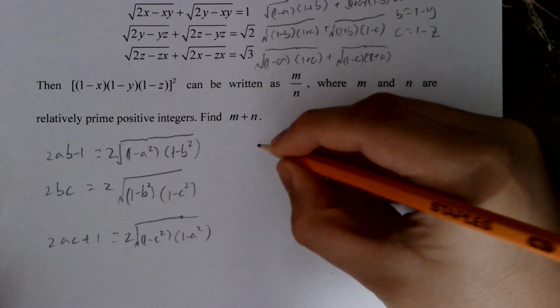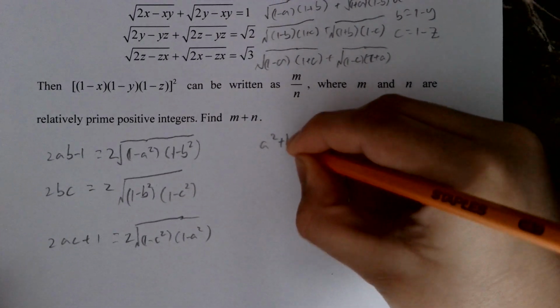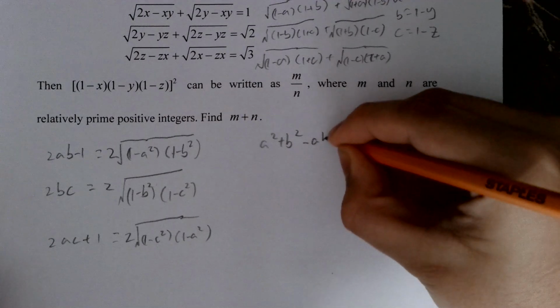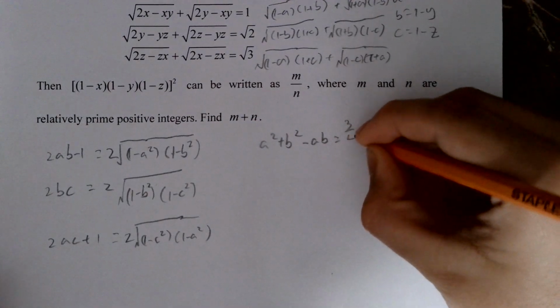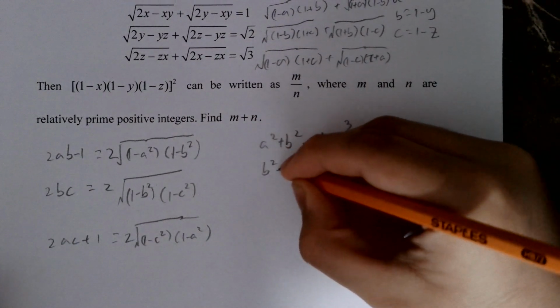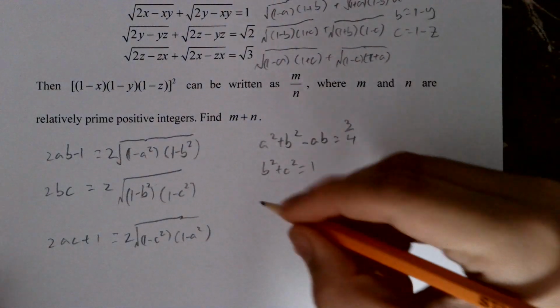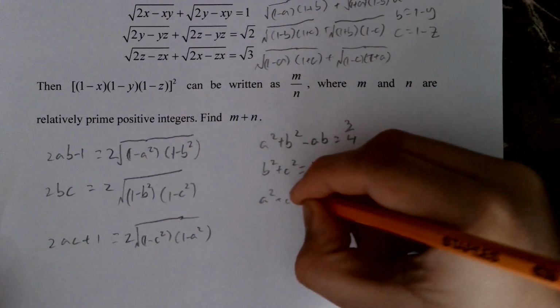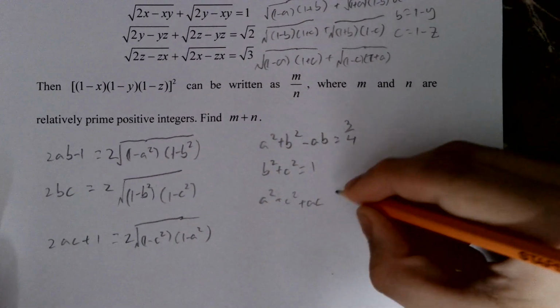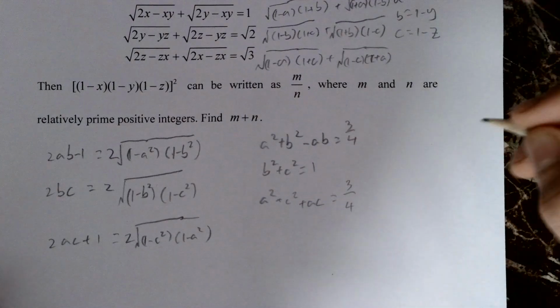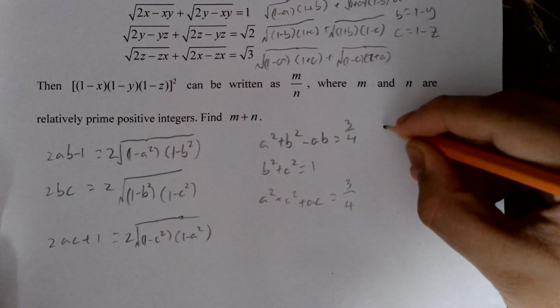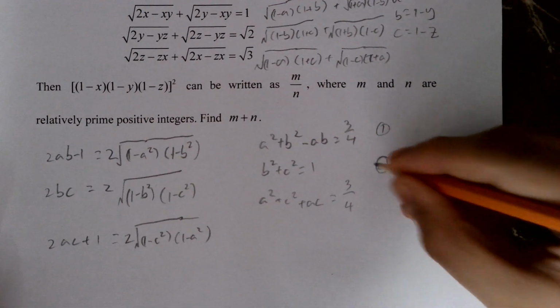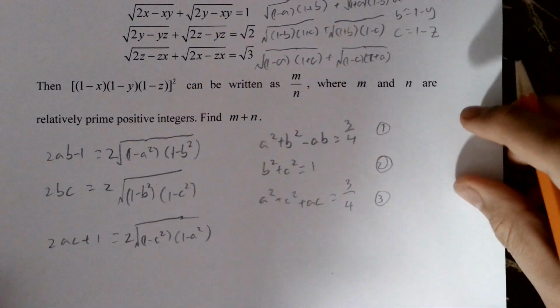So finally we get a squared plus b squared minus ab equals 3 over 4 for this one, b squared plus c squared equals 1 for this one, and a squared plus c squared plus ac equals 3 over 4. And we will be labeling these as equation 1, equation 2, and equation 3.